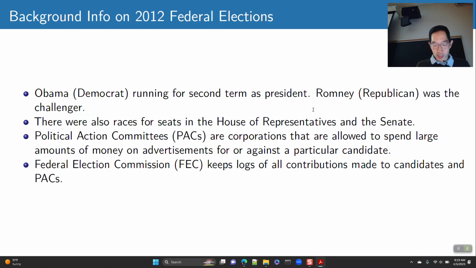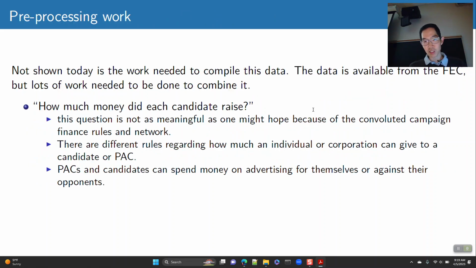There's also the Federal Election Commission that keeps track of all of these financial donations. Admittedly, the political landscape has changed quite a bit from 2012, but it's still interesting to explore this data.